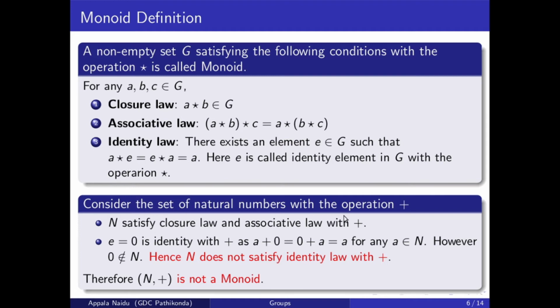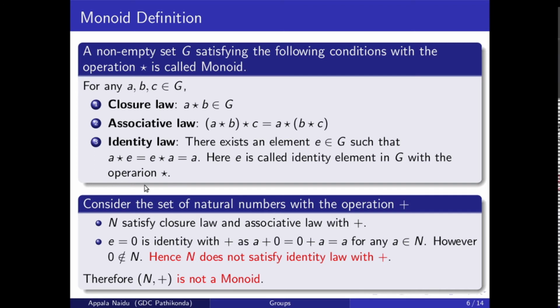We have already seen that plus is a binary operation on N, and also that plus makes it a semigroup. The only thing we have to see is if there is an identity in N with the operation plus. So with plus, E equal to 0 is the identity.